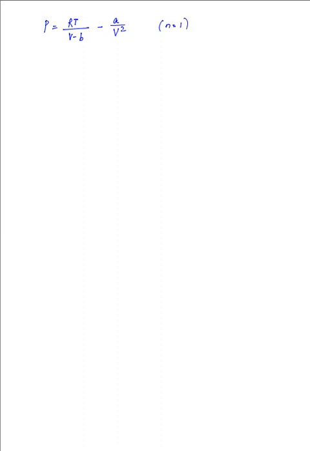Now if we solve this, we can just cross multiply, and what we get is V cube minus V squared times (B plus RT over P) plus V times A over P minus AB over P. This is going to be equal to 0.